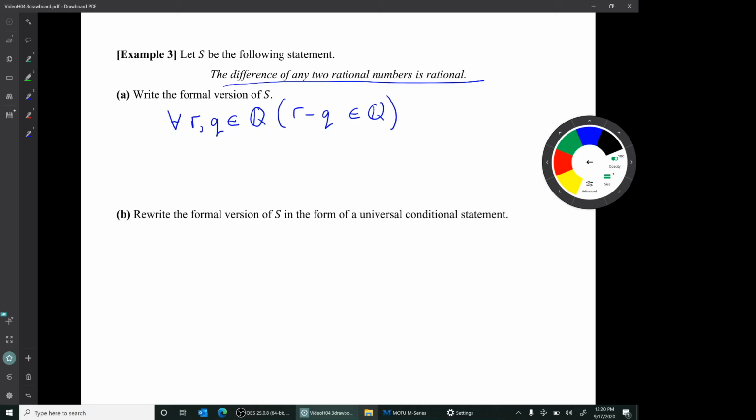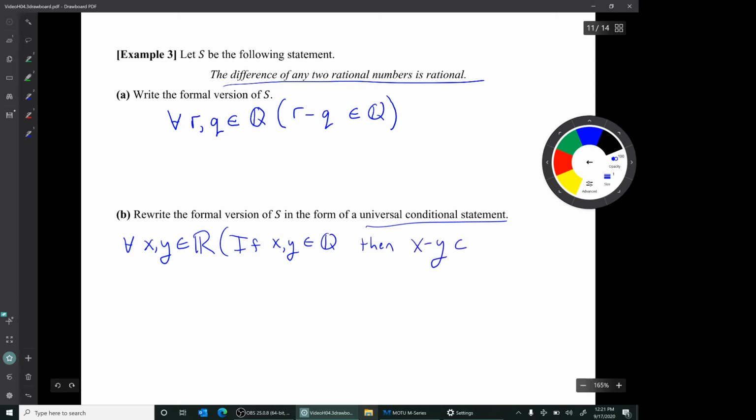Let's write this in a universal conditional form. So there you see that I've broken off part of the qualifications mentioned in the domain description, and I've put them in front. X and Y are real numbers. And then in the hypothesis, I put the rest of the qualifications, X and Y are rational numbers.